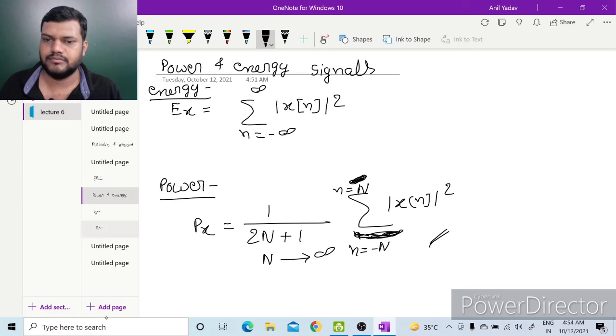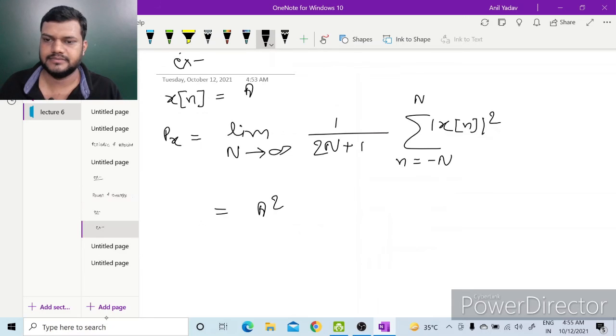This is the formula for the power signal. If you have any doubt, then you can comment, no problem. Okay. So these are examples of our energy and power signals.